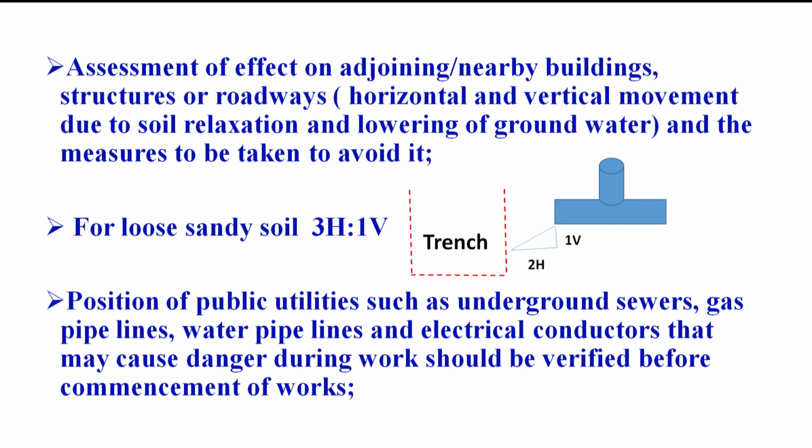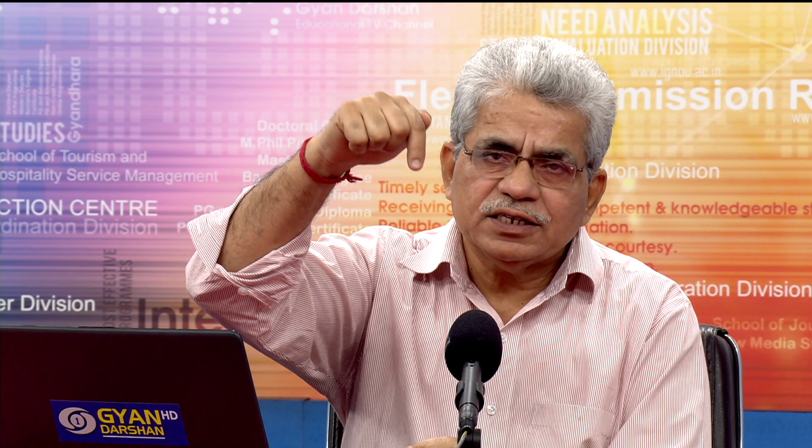A general thumb rule is that for loose sandy soil, the load distribution is 3 horizontal to 1 vertical. Means if we excavate 1 meter vertically, then it is going to affect 3 meters of length on the horizontal side basically. So if we are excavating 2 meters vertically, then it is going to affect horizontally in the adjacent area up to 6 meters.